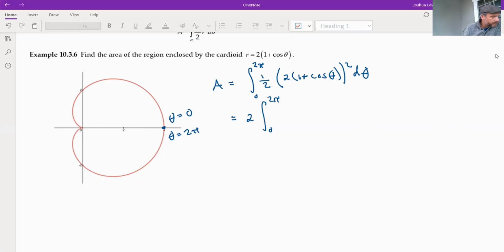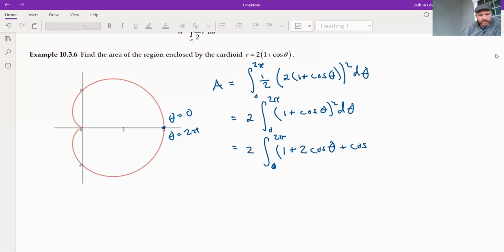And then 1 plus cosine theta squared, which is just 1 plus 2 cosine theta plus cosine squared theta, d theta.